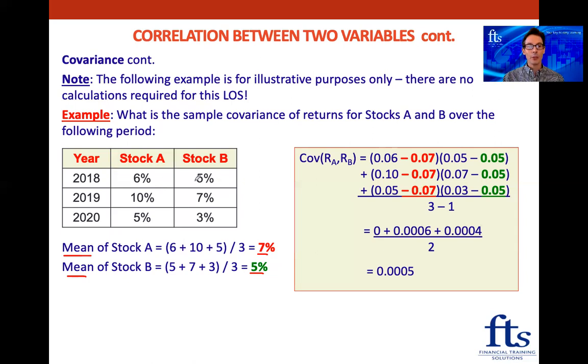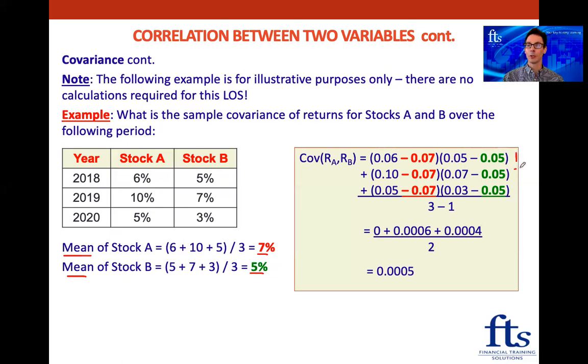In 2018, B did 5%, and its mean is 5%, so there was actually no deviation for stock B in the first year.